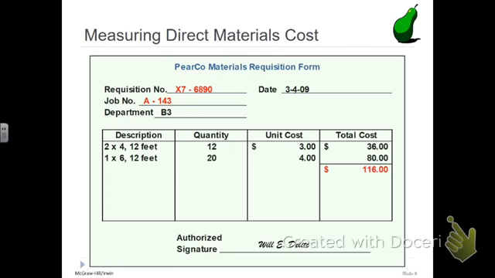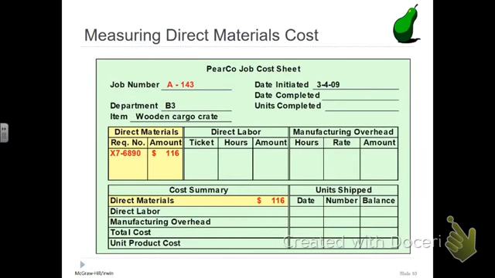Notice they took the number of feet, how many they took, and what the cost was, and that all shows up on this job cost sheet. Notice the requisition amount is $68.90. The total was $116.